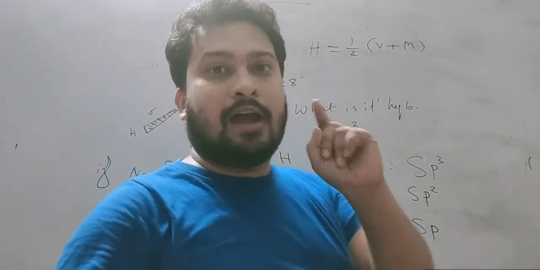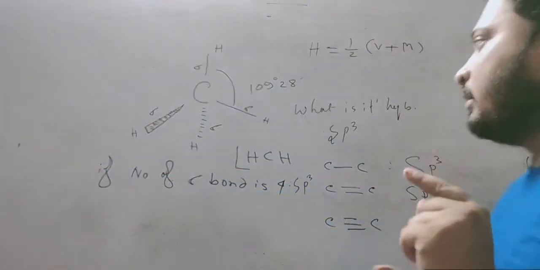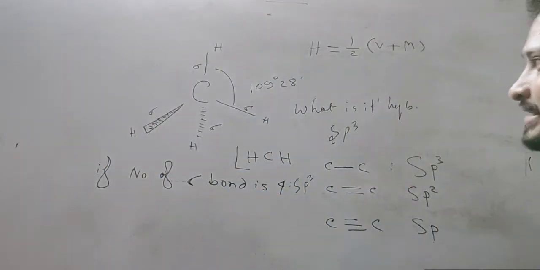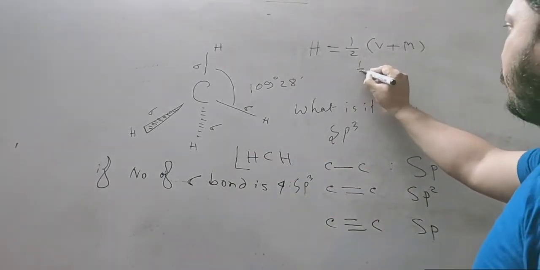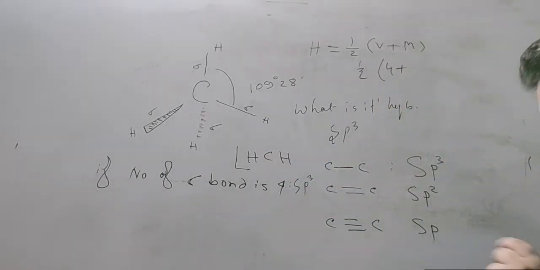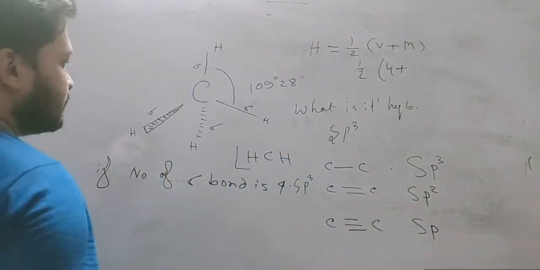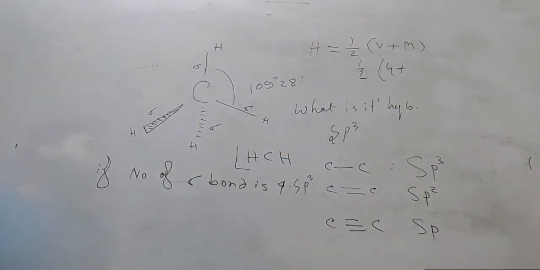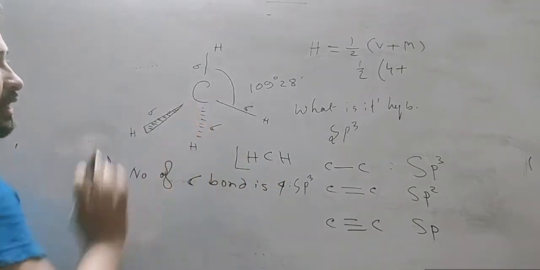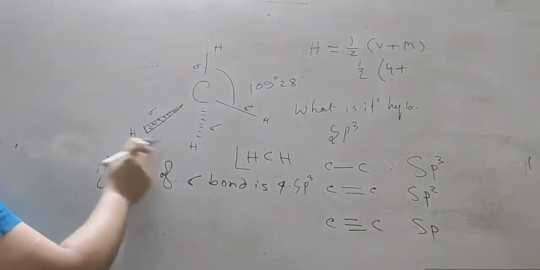The valency of carbon is 4, so half of 4 plus M, the number of monovalent atoms attached to the carbon, that is 4.